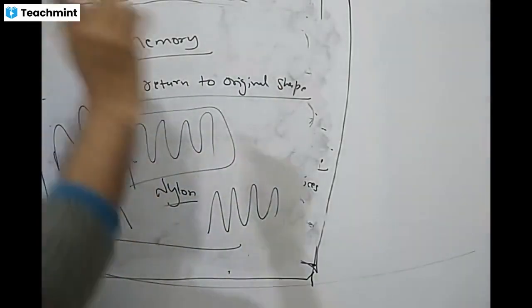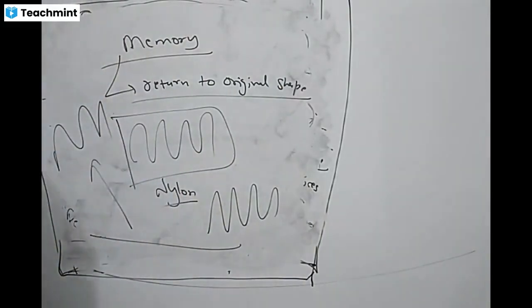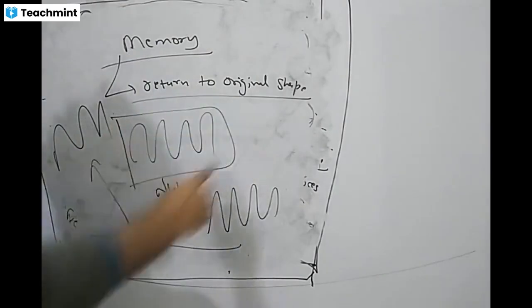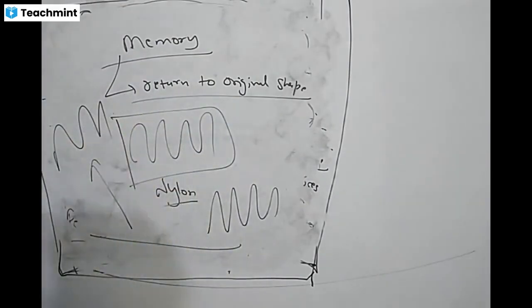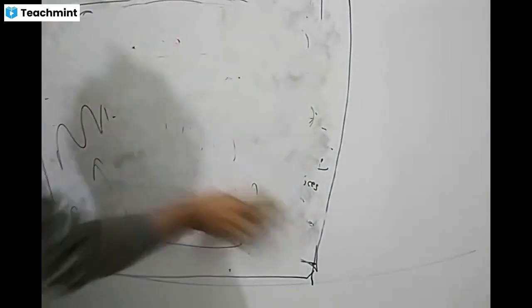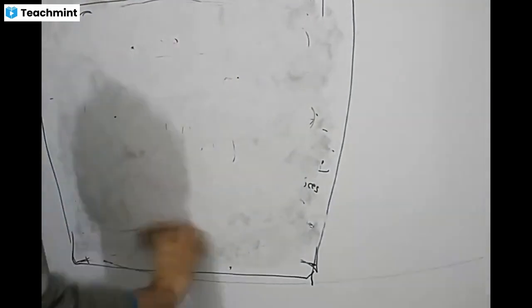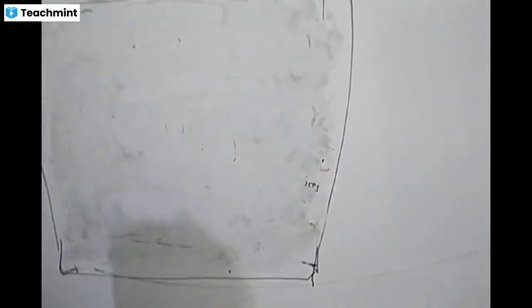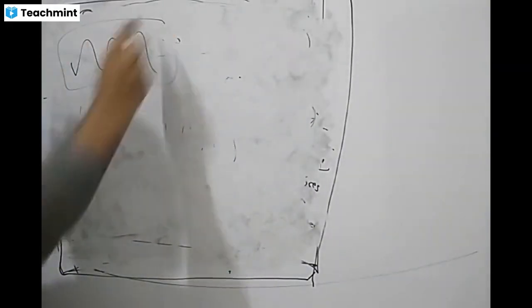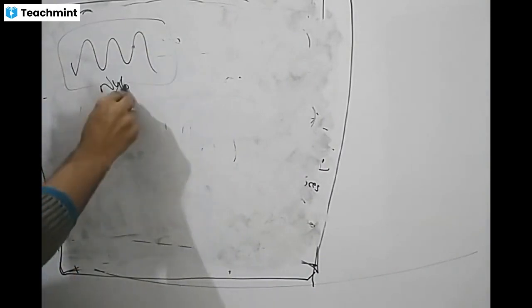It means the nylon material has an inherent property to come back to its original shape. Suppose this is inside the packet and this is the nylon.